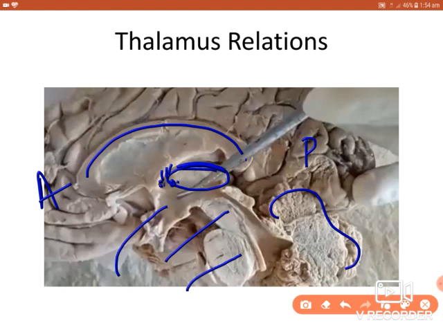The superior surface relates to the fornix. Then here this is the inferior surface. Here the inferior relations are the antero-inferior hypothalamus, the cerebral peduncle of the midbrain, then the cerebral aqueduct. These form the inferior relations.